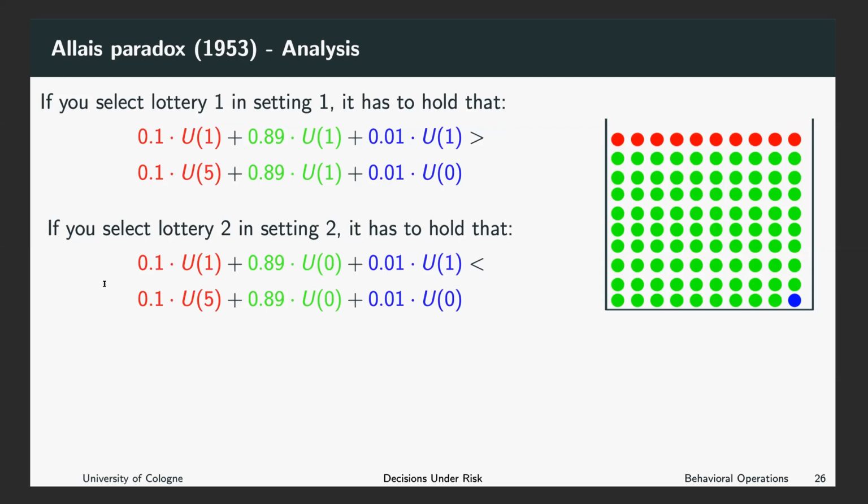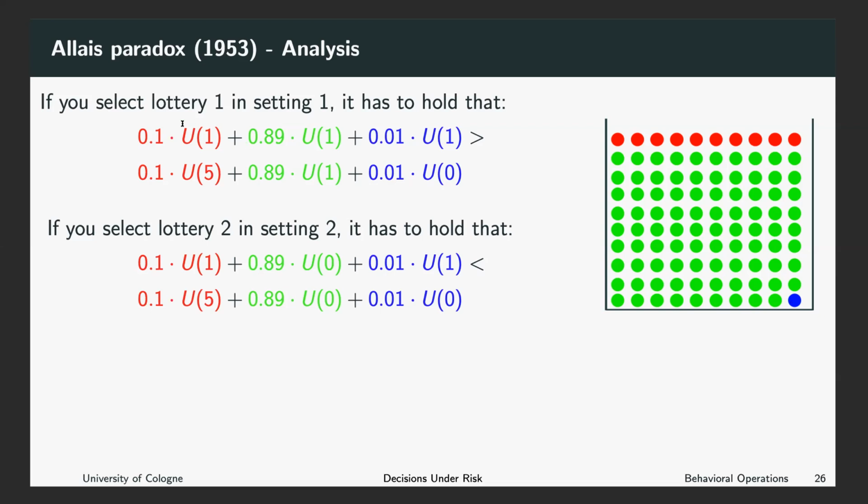Okay, so what you can see here is I tried to illustrate the setting, the lotteries, as a draw of urns. So you have 100 balls in an urn, and you have 10 red balls, 89 green balls, and 1 blue ball.